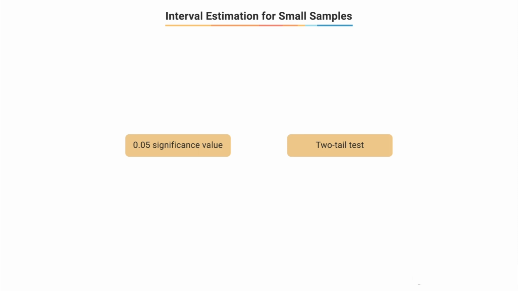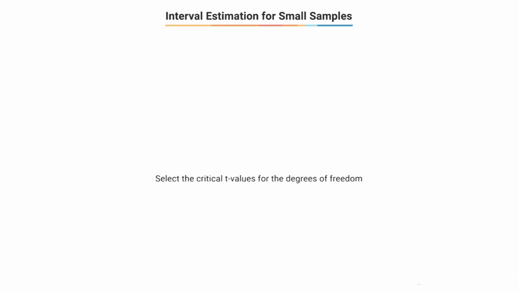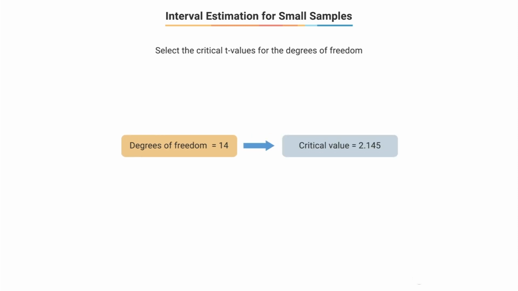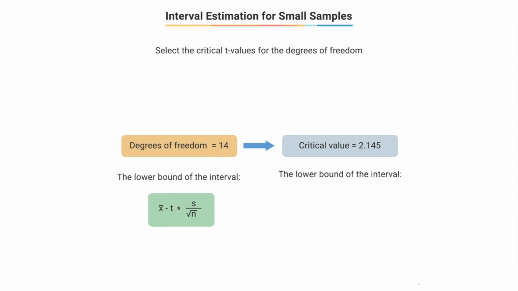For now, we do not have to worry about what is one-tail and two-tail. We select the critical t value from the table corresponding to the degrees of freedom. For example, in this case, degrees of freedom is 14. So we'll find the critical value as 2.145. The lower bound of the interval will be x bar minus t critical times s by square root of n, and the upper bound of the interval will be x bar plus t critical times s by square root of n.